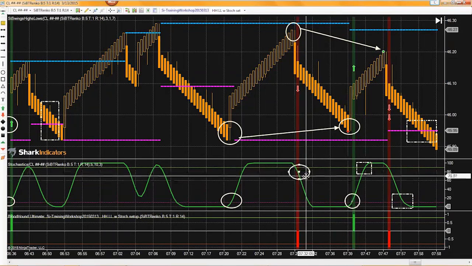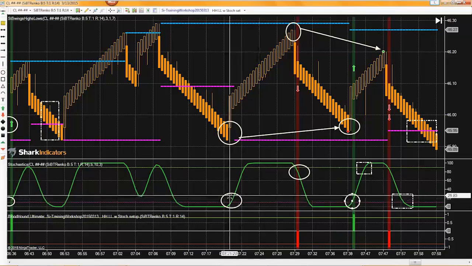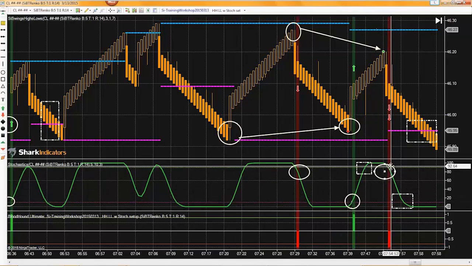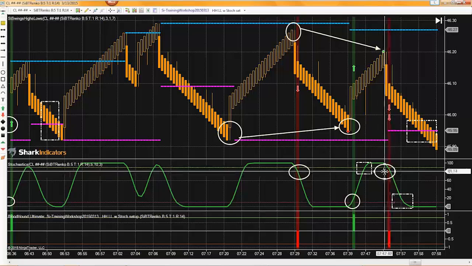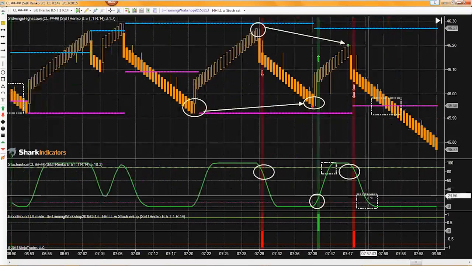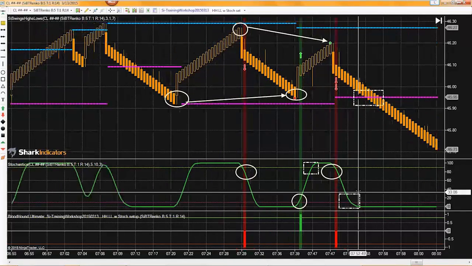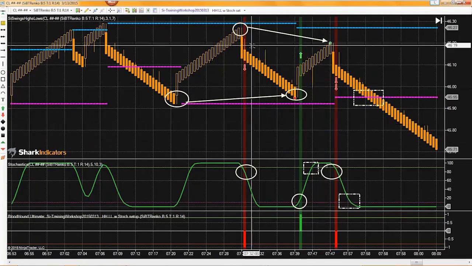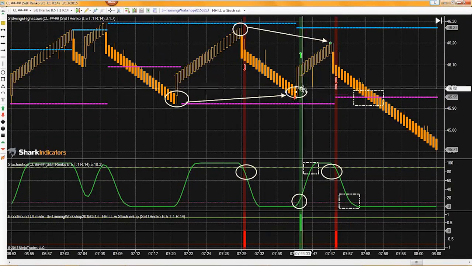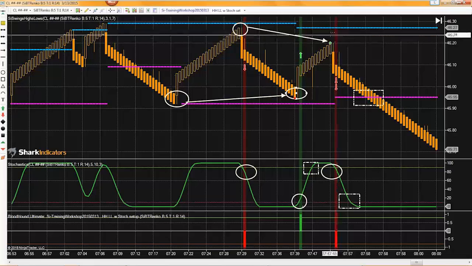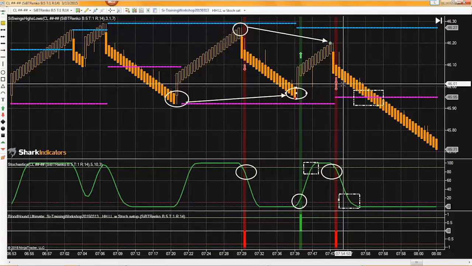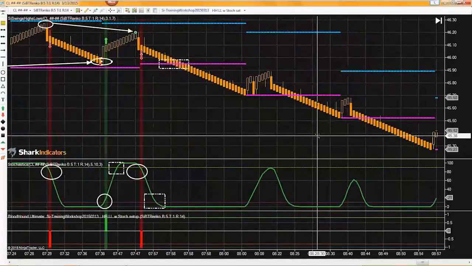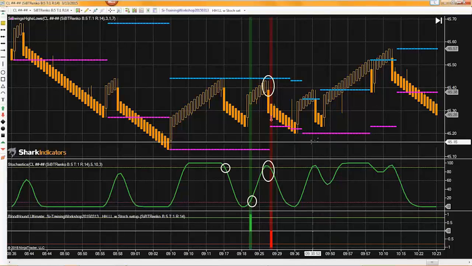Good, so we got condition 1, condition 2, and then condition 3 for another short trade. Yep, and so we made a lower high, a higher low, and another lower high. All right, so far, so good.